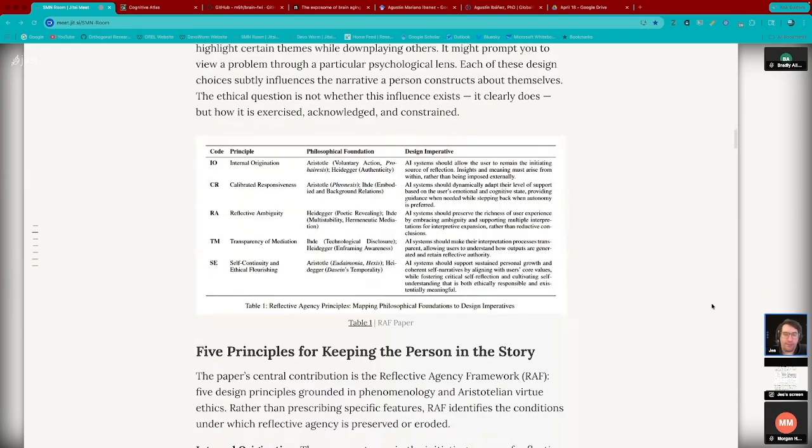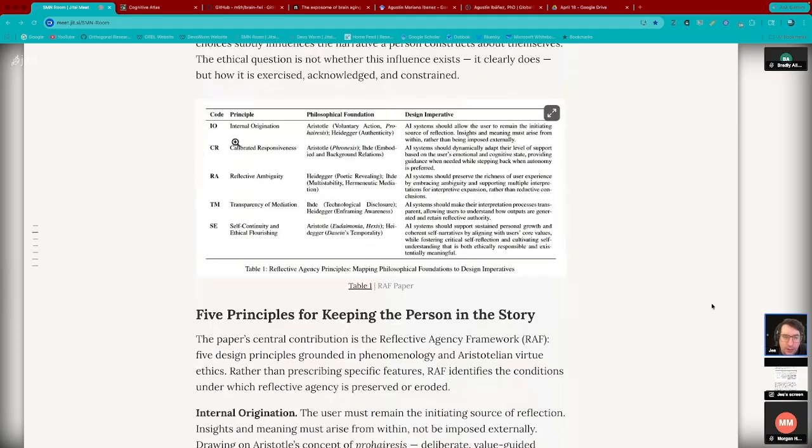There are these five principles: internal origination, calibrated responsiveness, reflective ambiguity, transparency of mediation, self-continuity, ethical flourishing. They get some philosophy behind them and design imperatives. They tested a bunch of chatbots, like Replika and other LLM type things, to see how they deal with this.